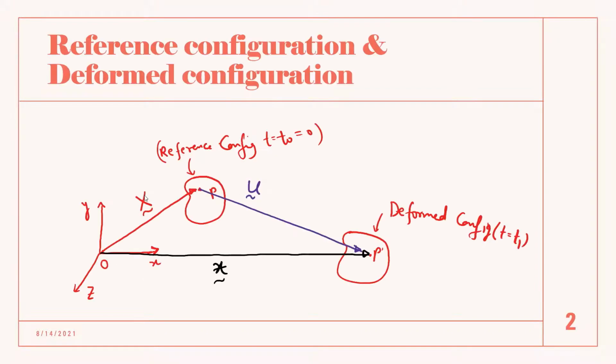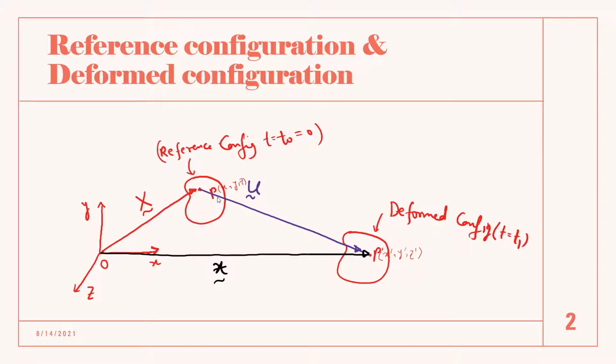Why are we saying x prime? Because in the deformed configuration we have x prime, y prime and z prime, and in the reference configuration we have the coordinates x, y and z.